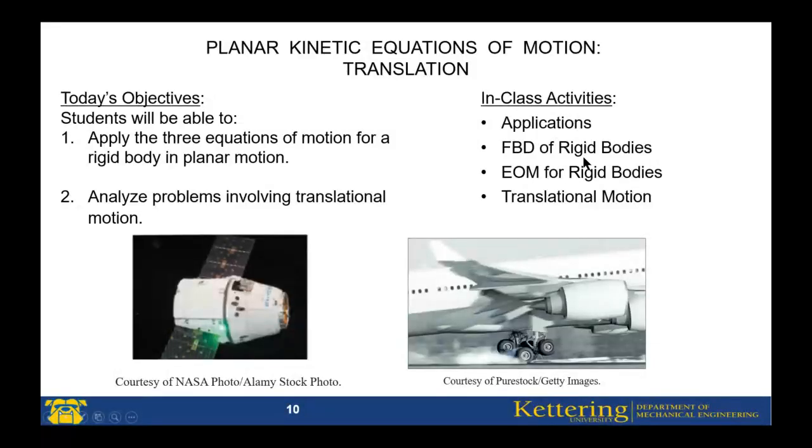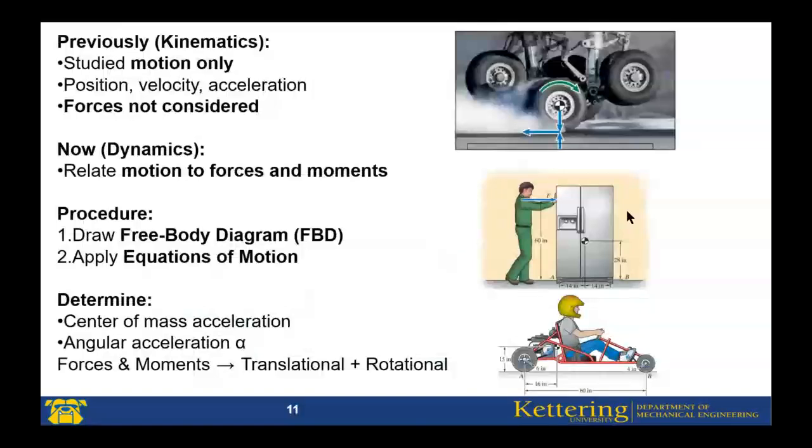For this one, we will use the free body diagram as we did for the particle. We will use the same equation of motion, but with a little difference. Finally, for the translational motion, we need one more equation that I will show you today, and we also have time for trying.